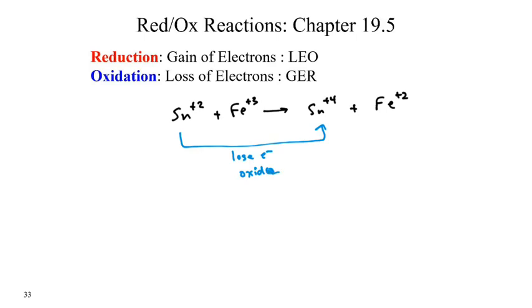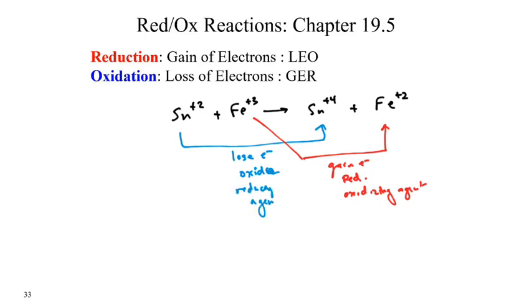And that the iron went from an iron +3 to an iron +2, so it gained electrons and was therefore reduced. And we could go through and call these the oxidizing agent. Remember that they're inverted with each other. And the reducing agent. And to be able to determine all of this, we had to go through and look at oxidation states and all that fun stuff and loss of electrons.